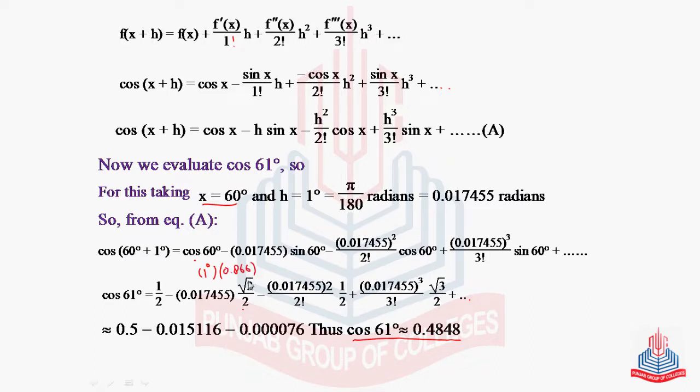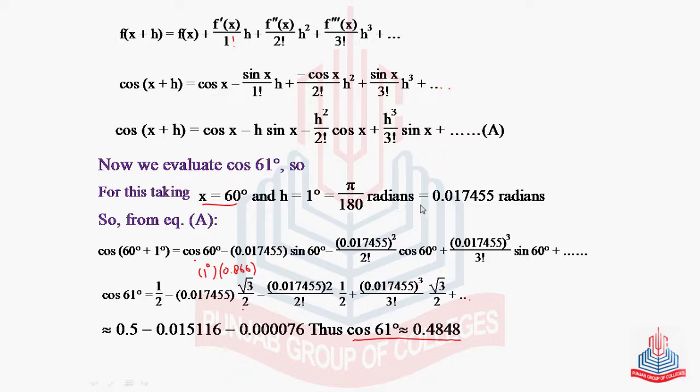Now this cannot be multiplied to 0.866 with this 1 degree, as there is no same unit we have, as this one is in degree minute system and this one is a real number system. So we have to convert this degree value into the real number system, which is our Radian-Mayer system.